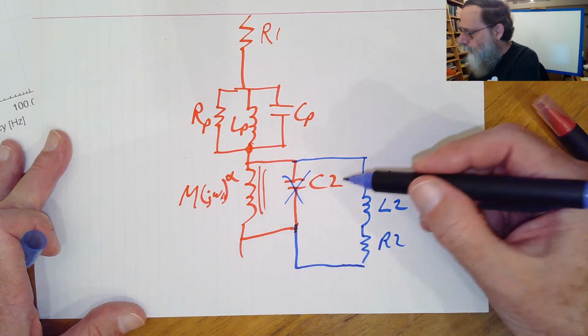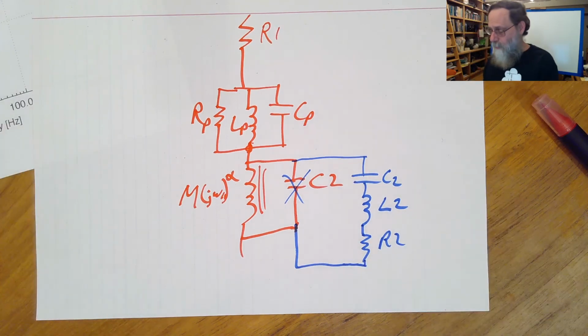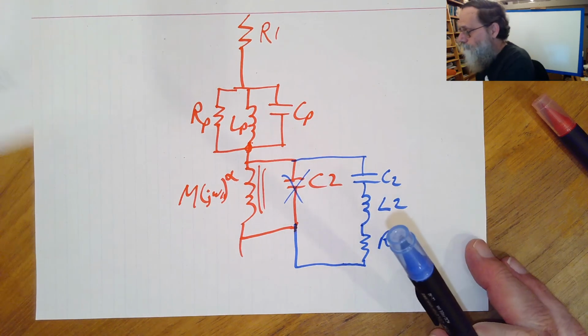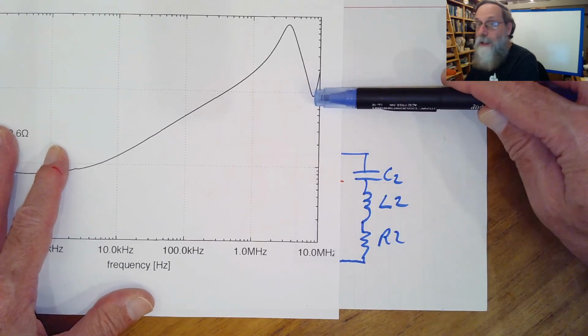So we've replaced the capacitor now with a resonant tank circuit here that's going to have, we can tune this one to have its resonance be right where this thing has its minimum.